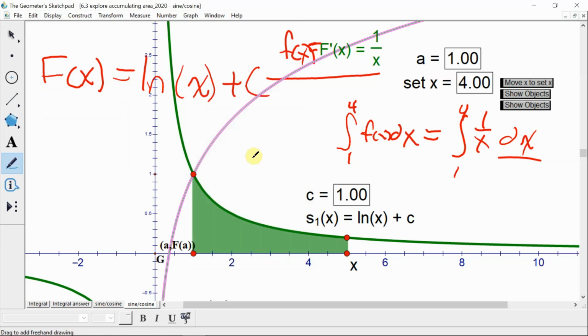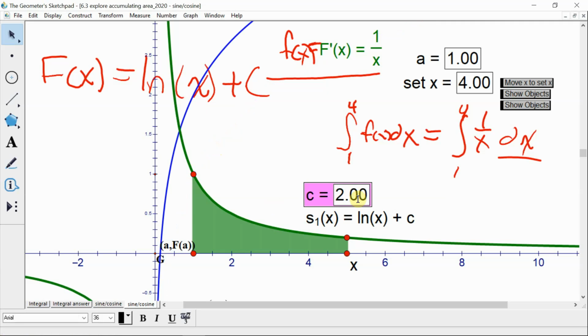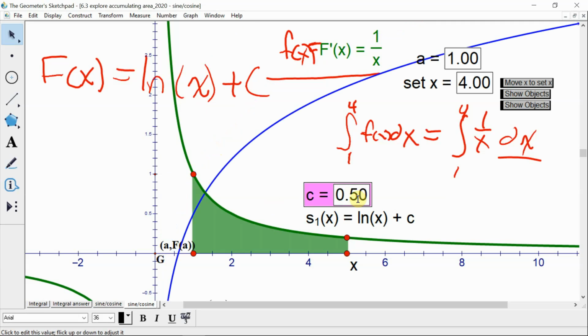Okay, so it's this. And so this value of c could be anything. There's nothing here that helps us understand it. I mean, it could be a half, whatever it is.